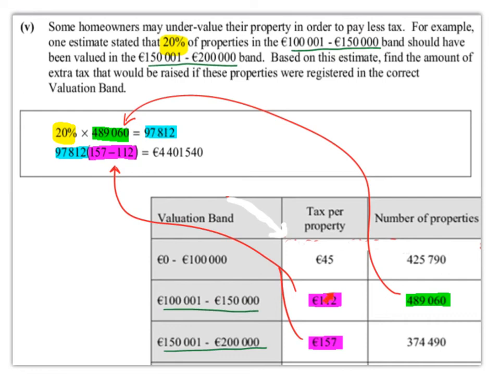Then we have to find the difference between these two tax per property amounts. So €157 take away €112. And then we multiply it by that 20%, which is 97,812. So multiplying these gives us €401,540. So this is an estimate of the amount of extra tax that would be raised if these properties were registered in the correct valuation band.